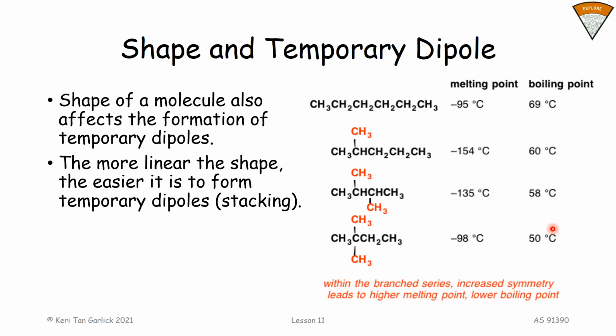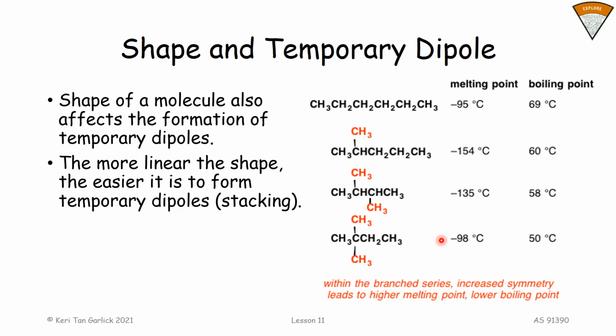And I believe we talked about this last year when you were looking at organic chemistry. Basically, the more linear the shape is, the easier it will be for these molecules to stack on top of each other. There's going to be more closeness when we're trying to do those intermolecular bonds. As the molecule becomes more and more branched, it's a lot harder to stack these on top of each other. There's going to be fewer intermolecular bonds, less interaction for those temporary dipole bonds.